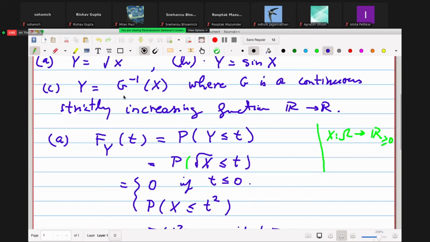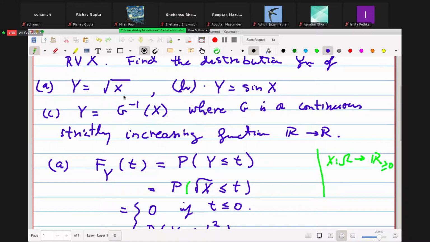So here we should clarify X is bigger than or equal to 0. I write it briefly like this. The more correct way to write it is that it takes range inside R plus. This is a very common confusion even in schools. Many people make mistakes. So what is square root of 25?